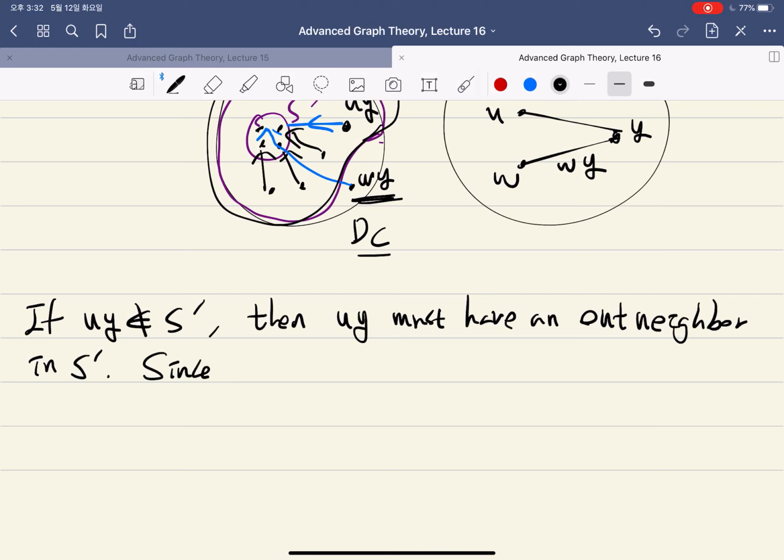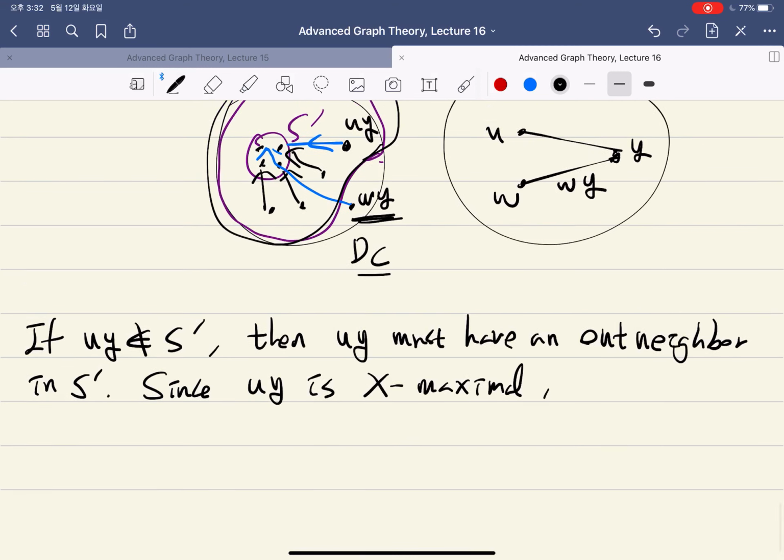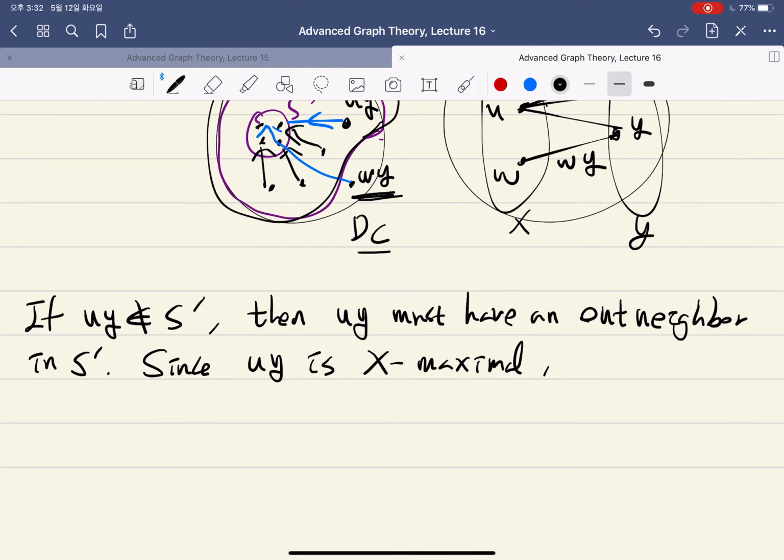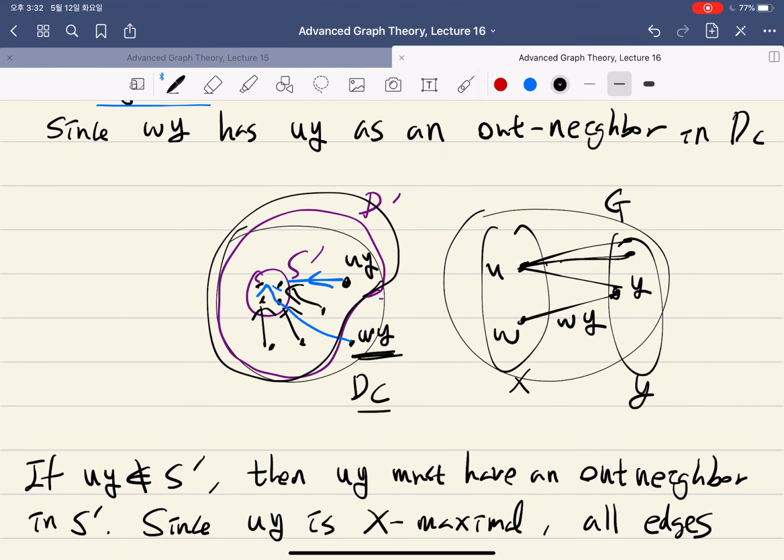But what do we know? Since uy is S maximal, all edges incident with this u have a smaller value than this uy. Let's say this is 5, then this is 3, 1. In that case, let's say this is E1, E2, this is E prime, E double prime.